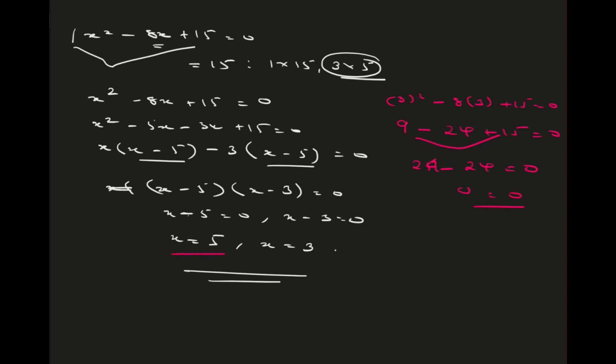We get the 5 squared minus 8 times 5 plus 15 equal to 0. So 25 minus 40 plus 15 equal to 0. These two can come together and give us 40 minus 40 equal to 0, 0 equal to 0.